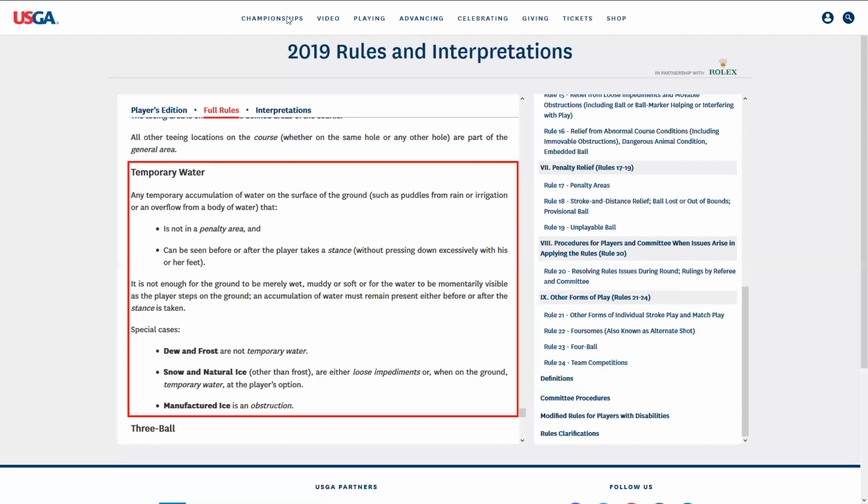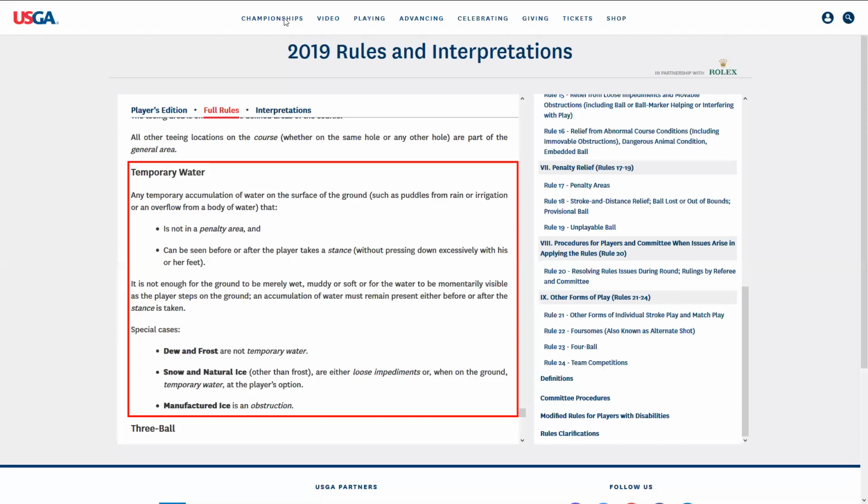So, question. You have a puddle of water that is 1 foot inside the out of bounds line. What is that puddle of water called? Temporary water. What if that puddle of water is now 1 foot outside the out of bounds line? What is that puddle of water called? Temporary water. And this is a change in definition, but it's not a change in outcome.